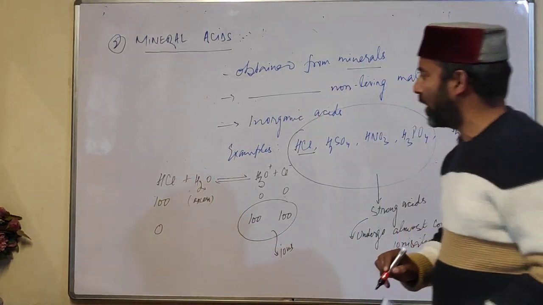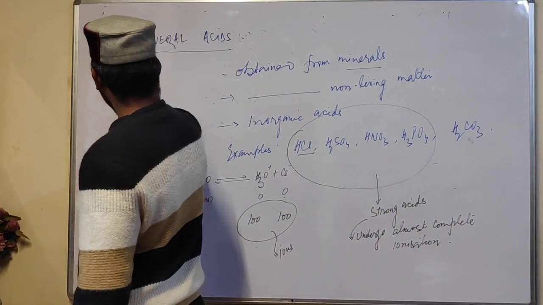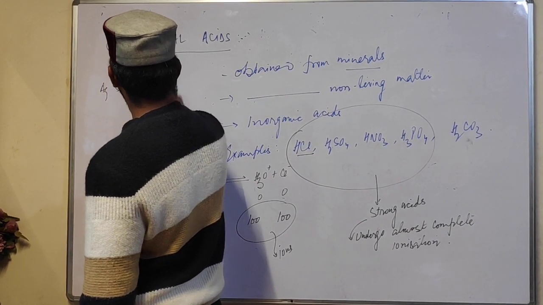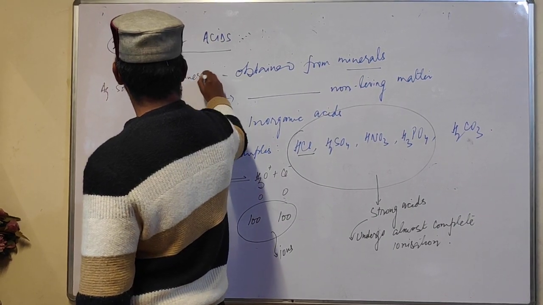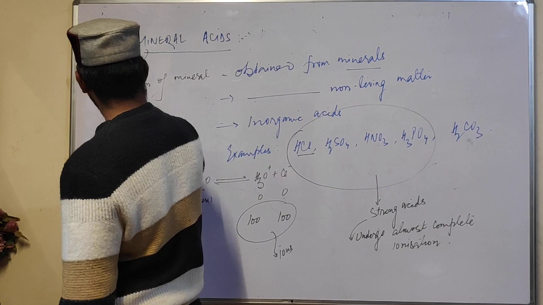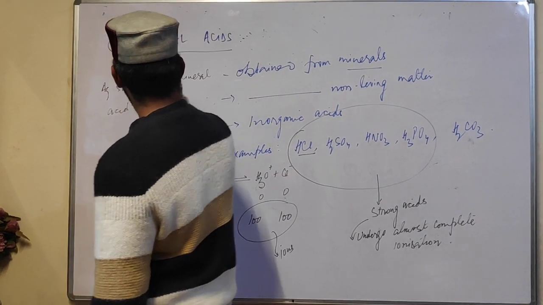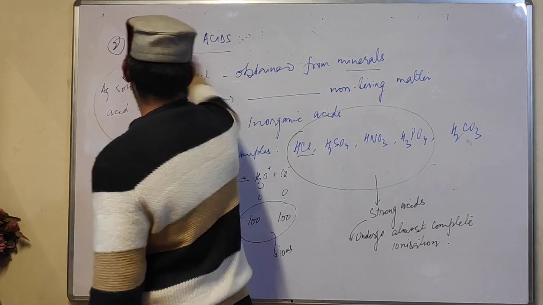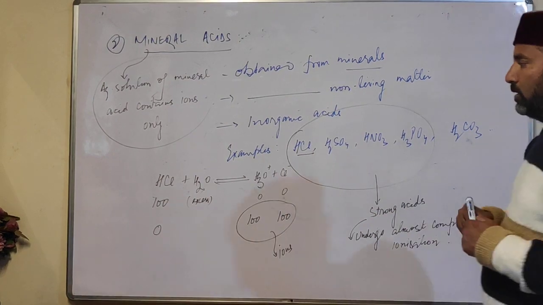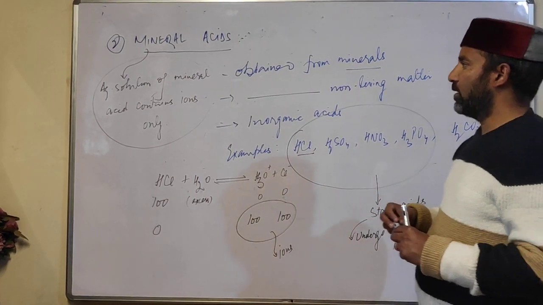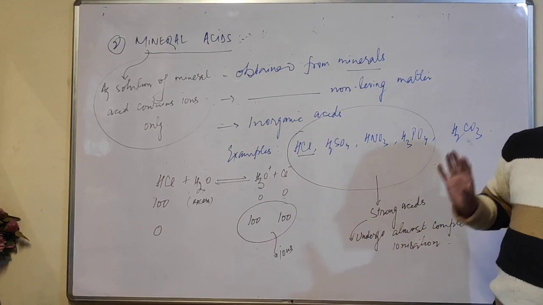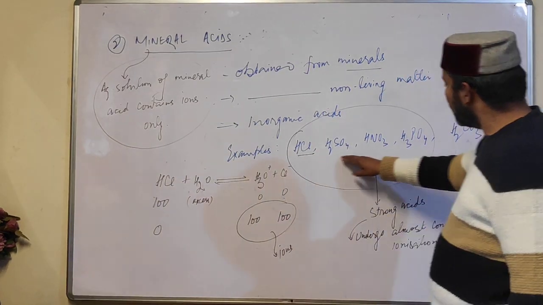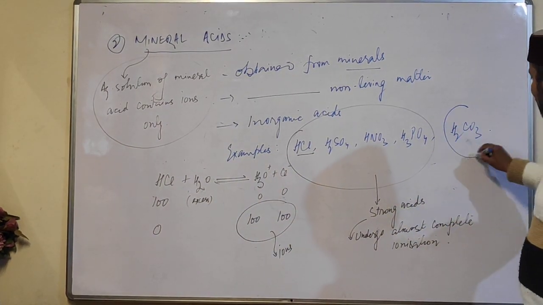So here the resulting solution after dissociation contains only ions. So this is a very important point, that the aqueous solution of a mineral acid contains ions only. Now one more important point, listen students, generally we say carbon is an essential element of all organic acids, but a mineral acid generally does not contain carbon, but again we have an exception.